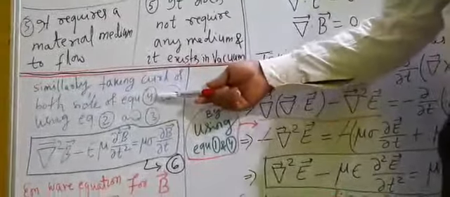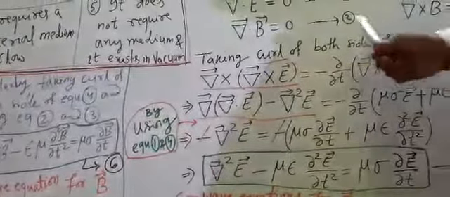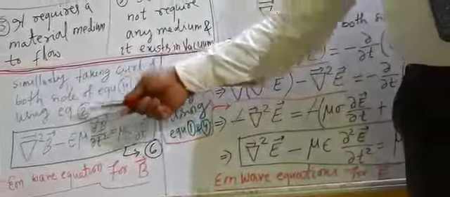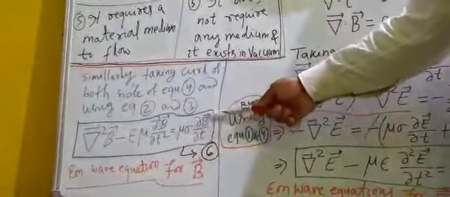Similarly, you can find the wave equation in terms of the magnetic field by taking curl of both sides of equation 4. Here you took equation 3, but here you take equation 4, and using equations 2 and 3 in the same process, the result will be del square B minus epsilon mu del square B by del t square is equal to mu sigma del B by del t.